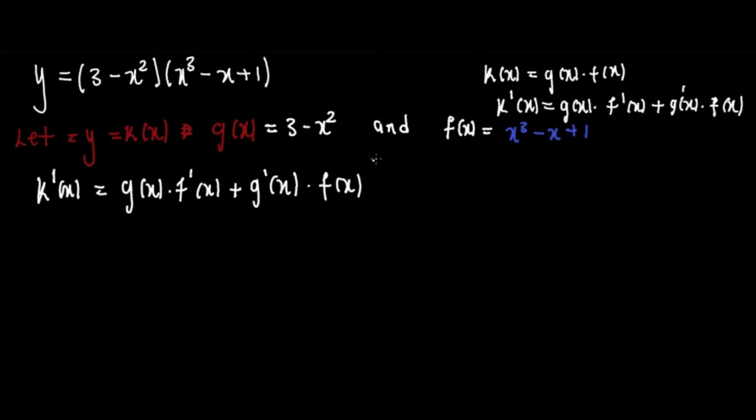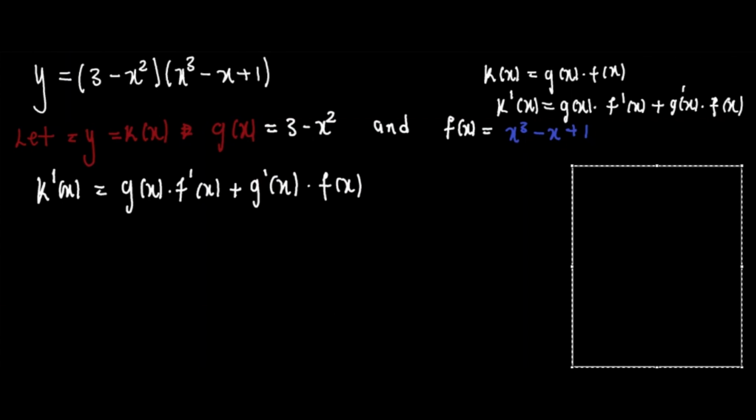So here we already have g of x and we already have f of x. So now let's compute g prime of x, or we'll do f of x, it's up to us.